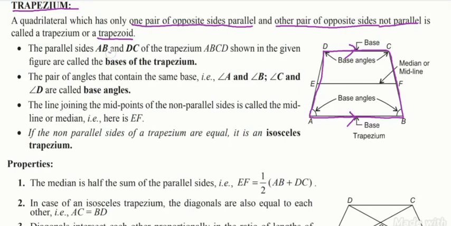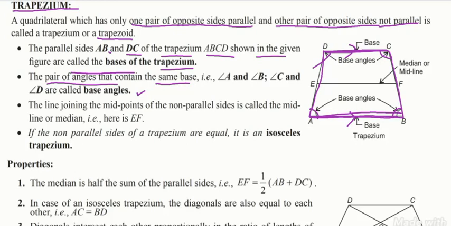AB and DC are parallel. The parallel sides AB, DC of the trapezium ABCD shown in the given figure are called bases of the trapezium. So the parallel sides, this is a base and this is also a base. The pair of angles that contain a base: suppose if you take this base, angle A and angle B; if you take this base, angle C and angle D are called base angles.